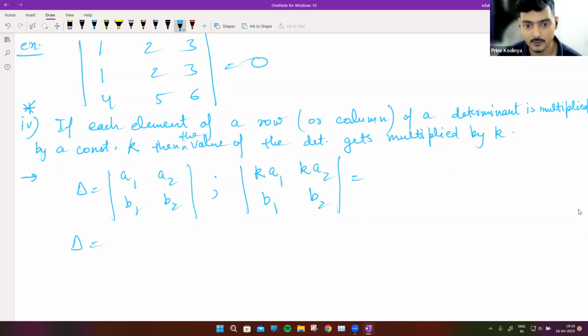And you also know that the value of delta here is A1 B2 minus A2 B1, right? Now in this case, this will become K A1 B2 minus K A2 B1, right? Which is nothing but K times A1 B2 minus A2 B1, which is nothing but K times delta.